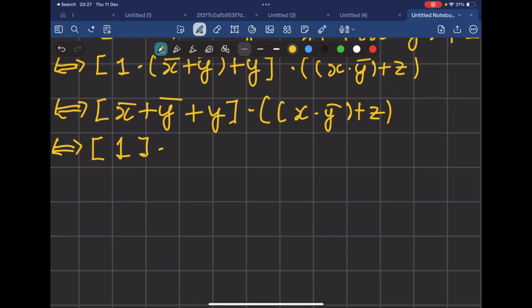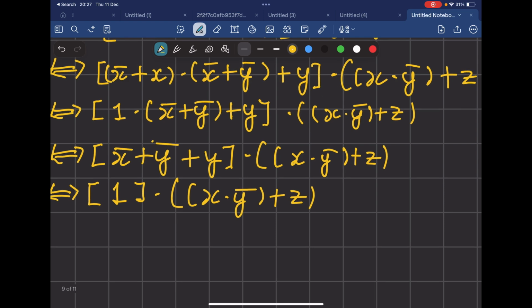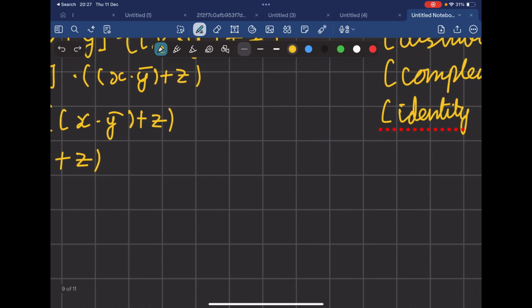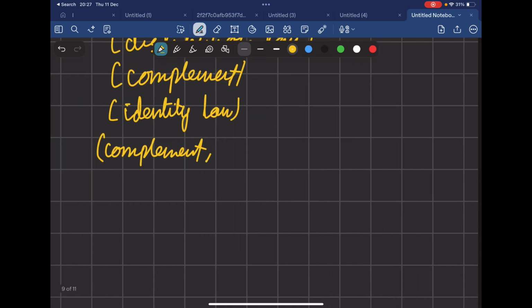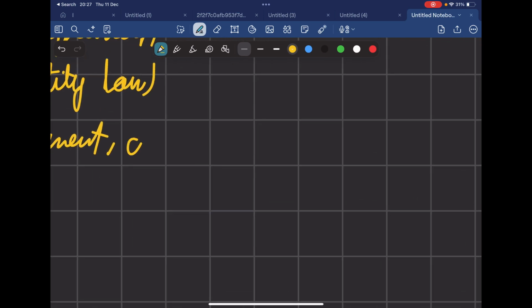So we have 1 and all this other stuff. Remember, first we use the complement law to reduce this to 1. Then we use the domination law to reduce the entire thing to 1. So here we use the complement and domination laws.